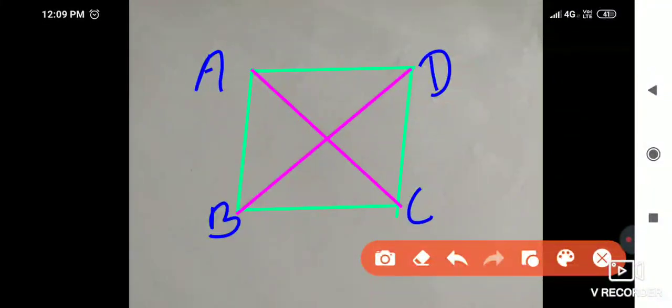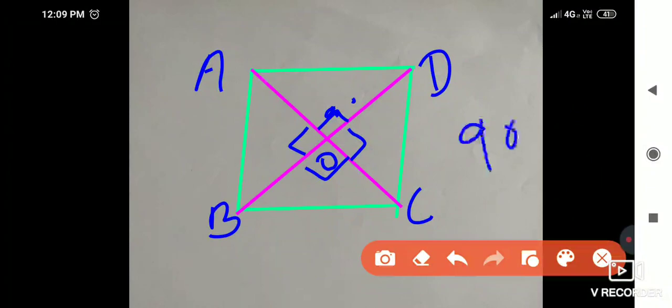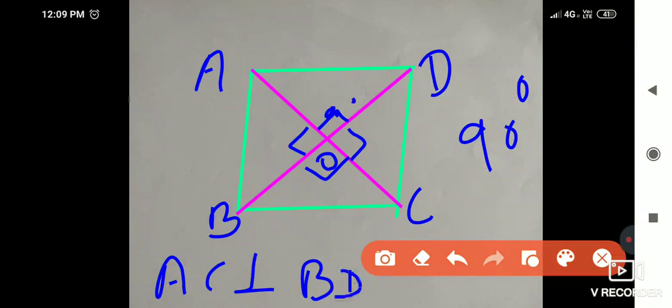AC and BD are the diagonals of this rhombus, and these two diagonals intersect each other at point O. If you measure the angle AOD, or AOB, or BOC and DOC, you will notice that each angle is 90 degrees, which means they are perpendicular to each other. AC is perpendicular to BD.